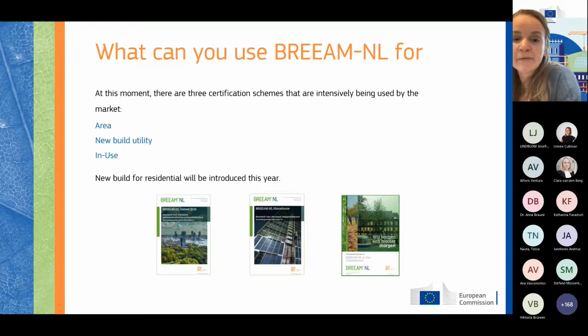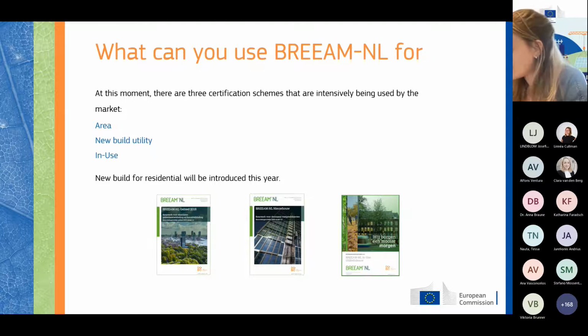And the new build at the moment is mostly focused on utility. And in a couple of months, we are also releasing one for homes. And that said, these last three are really compliant also to Levels. And really on the building as well.